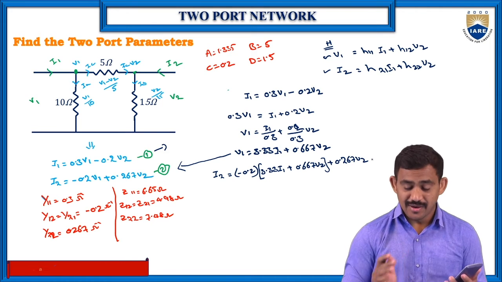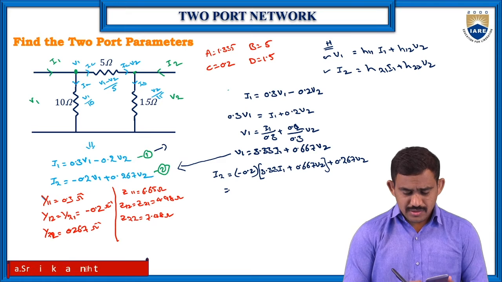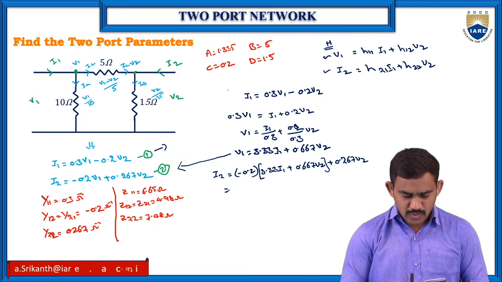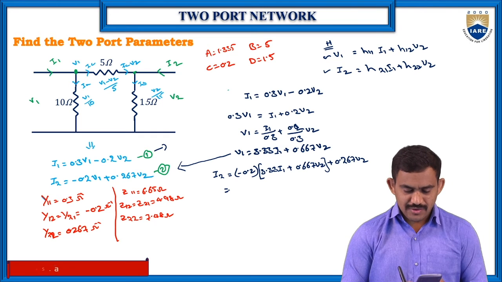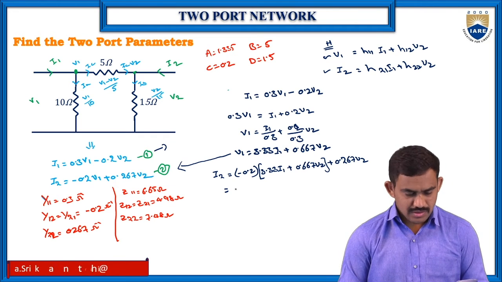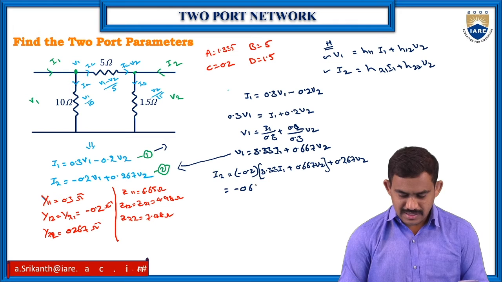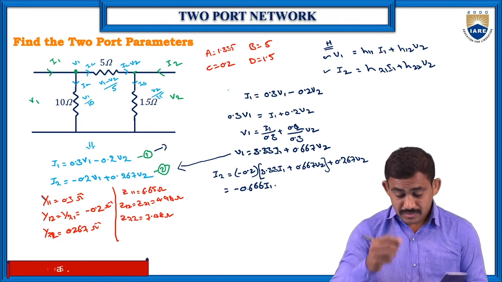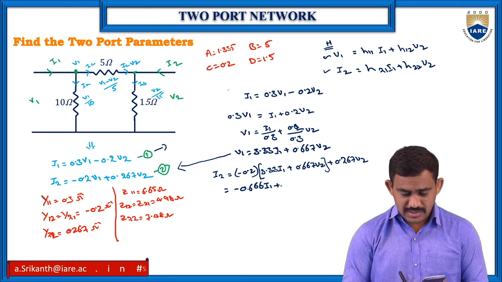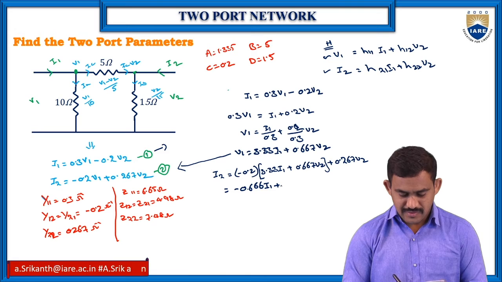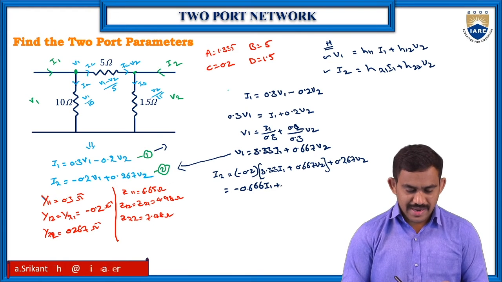Now the values: minus 0.2 into 3.33 is minus 0.666 I1. Plus, here we have 0.667 into minus 0.2.